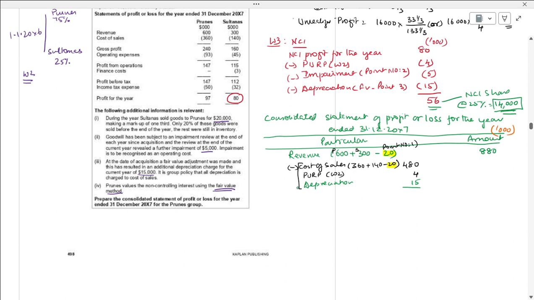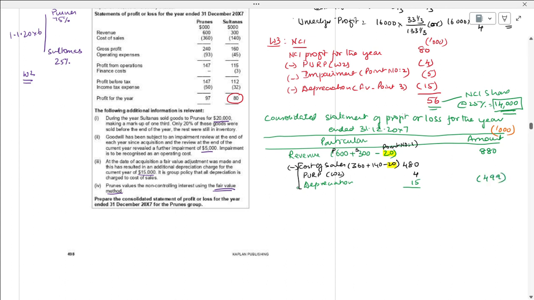Now you have to add this amount. 480 plus 4 plus 15, how much, dear? 499. Okay, we have to add the total and minus the.